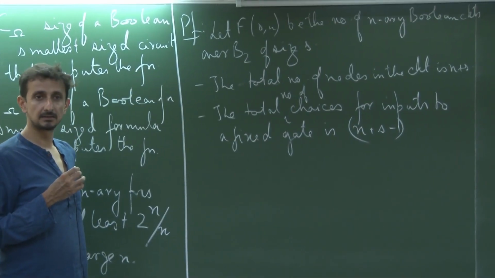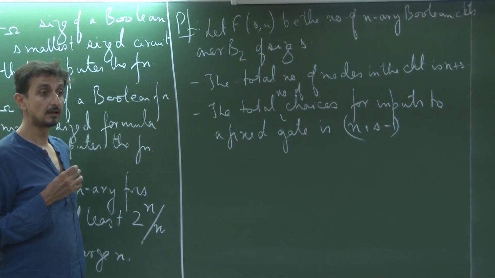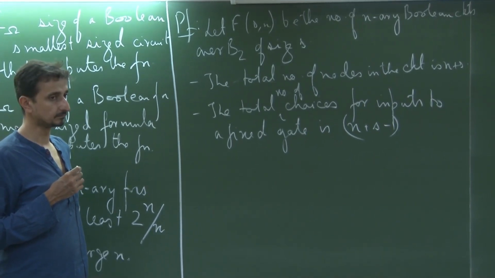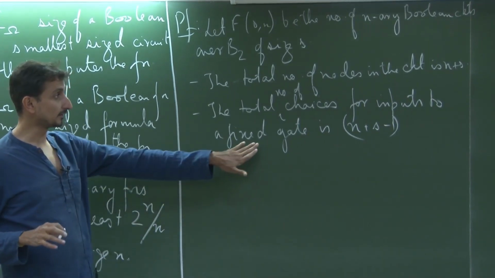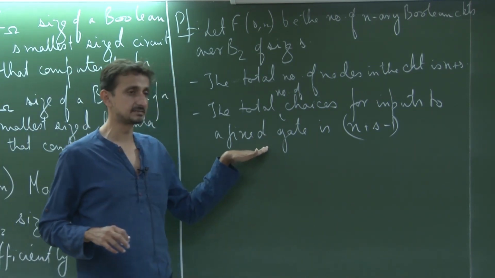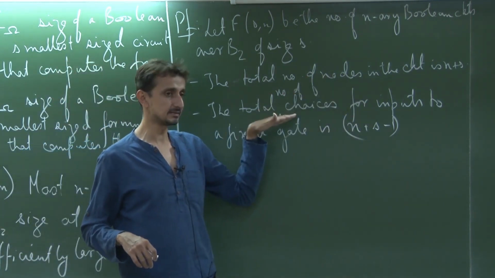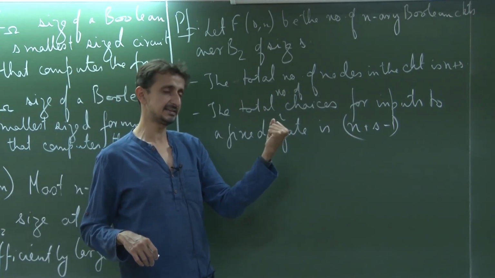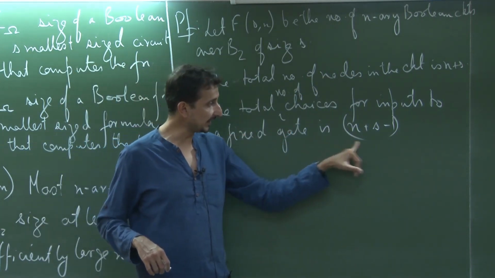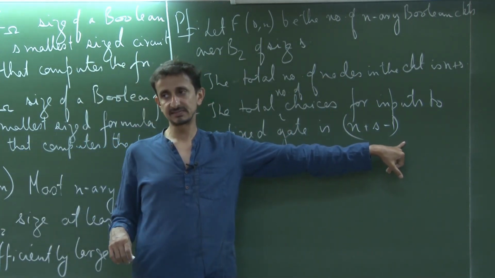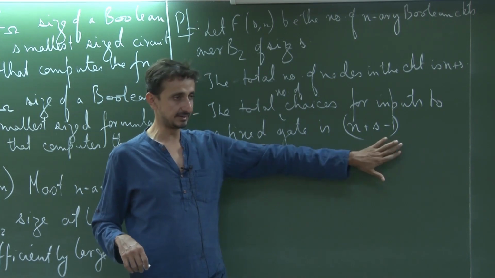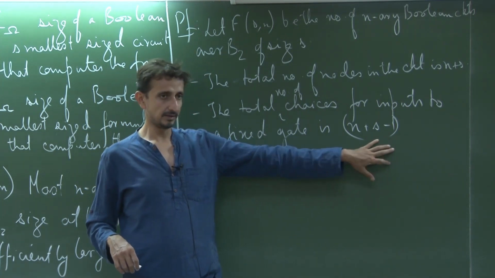Anything else? I am not talking about the input gates, I am talking about the other gates. Okay, these s many gates. Each of those s gates can take its input from any of these n plus s minus 1 gates.